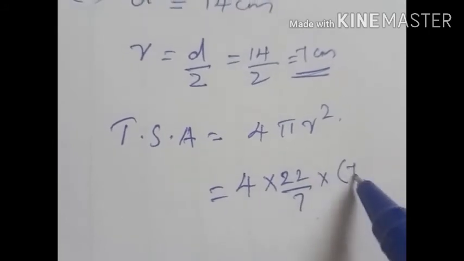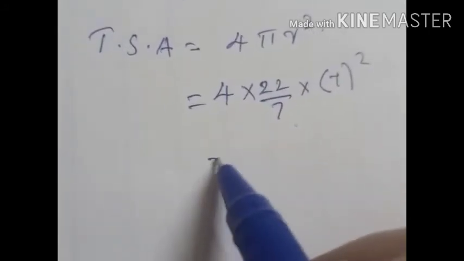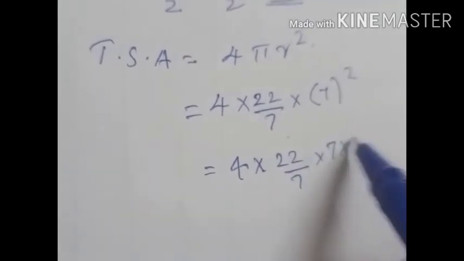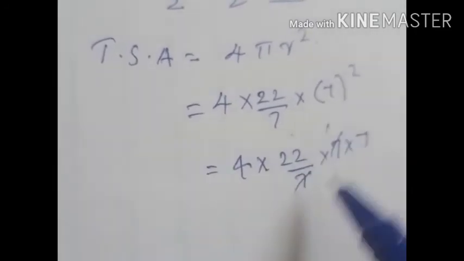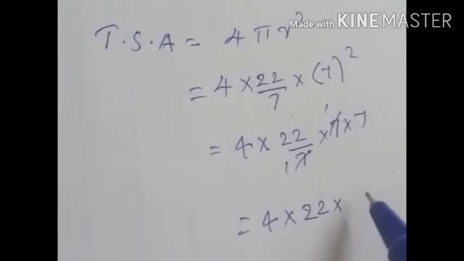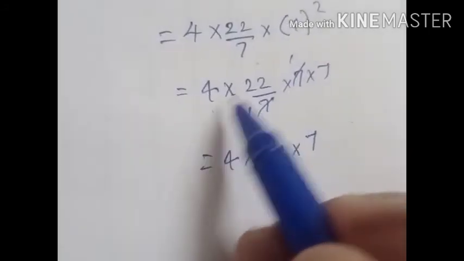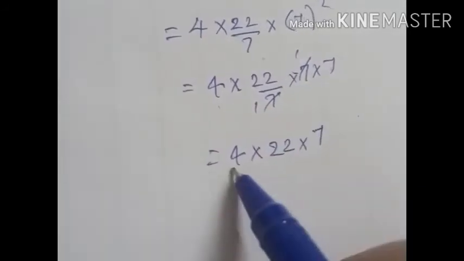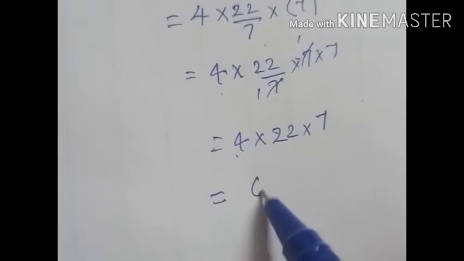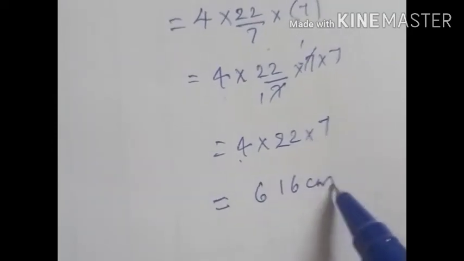Then substitute the value of r also. Then we will get 4 into 22 by 7 into 7 into 7. Then we can simplify that. Then we will get 4 into 22 into 7. 4 into 22 into 1 into 7 means 4 into 22 into 7 itself. So its answer will be 616 centimeter square.